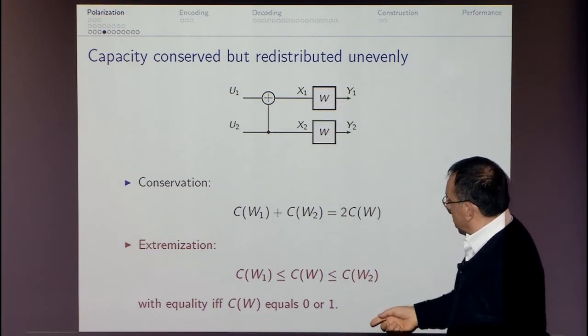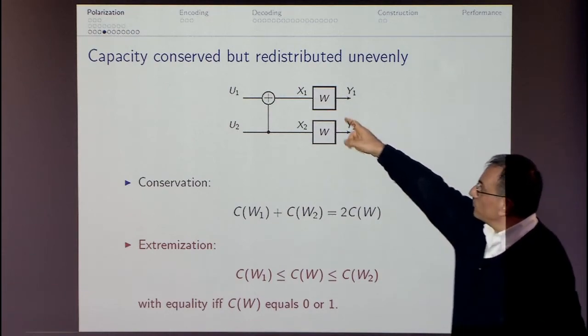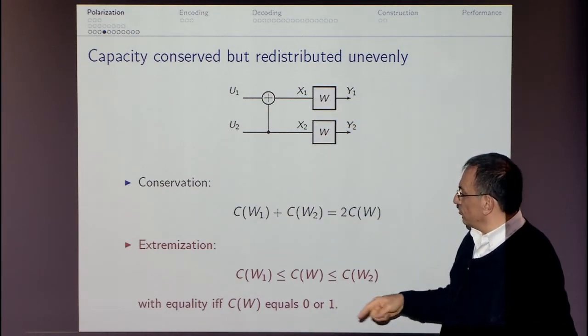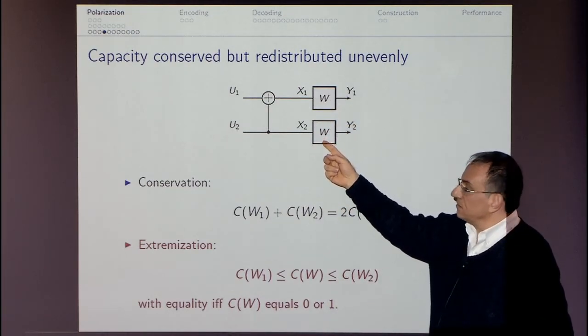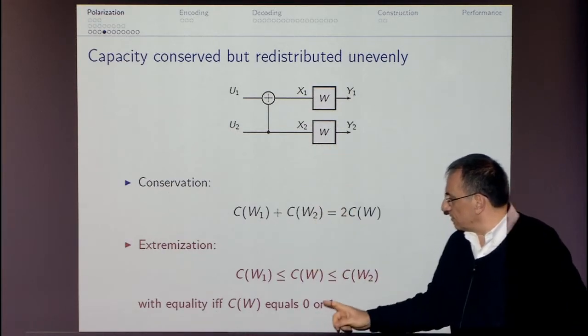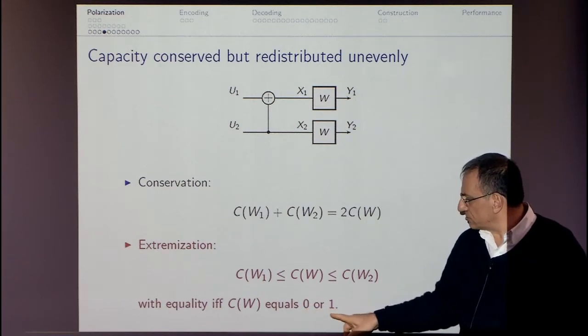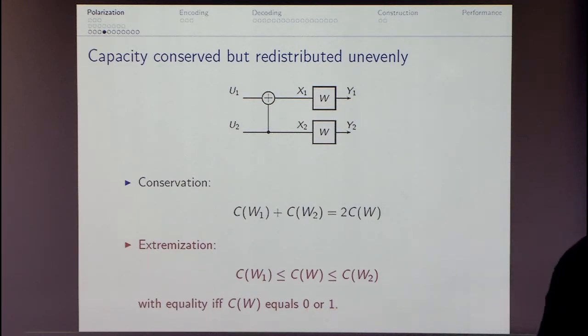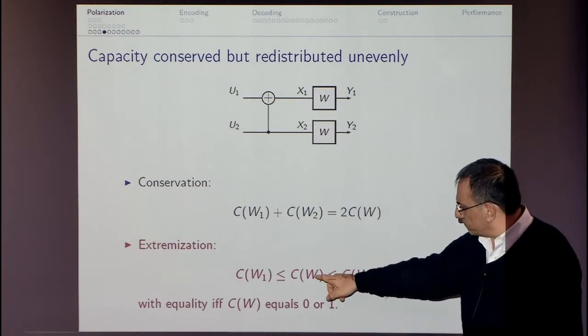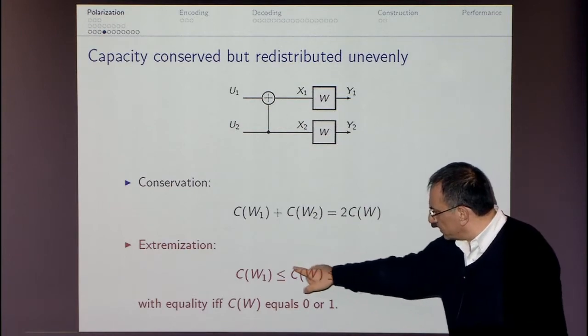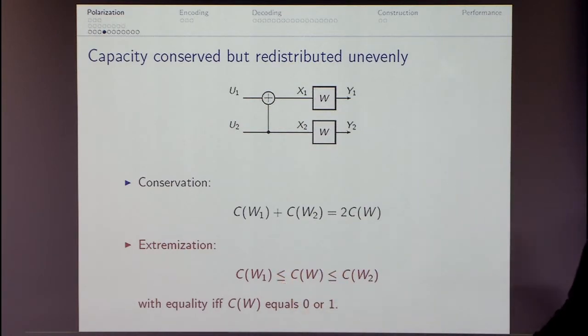So it's clear that the capacity of that diversity channel is going to be larger than CW unless the channel is either pure noise or perfect. So this should be clear enough. So typically what we have for ordinary channels, we will have strict inequalities here.